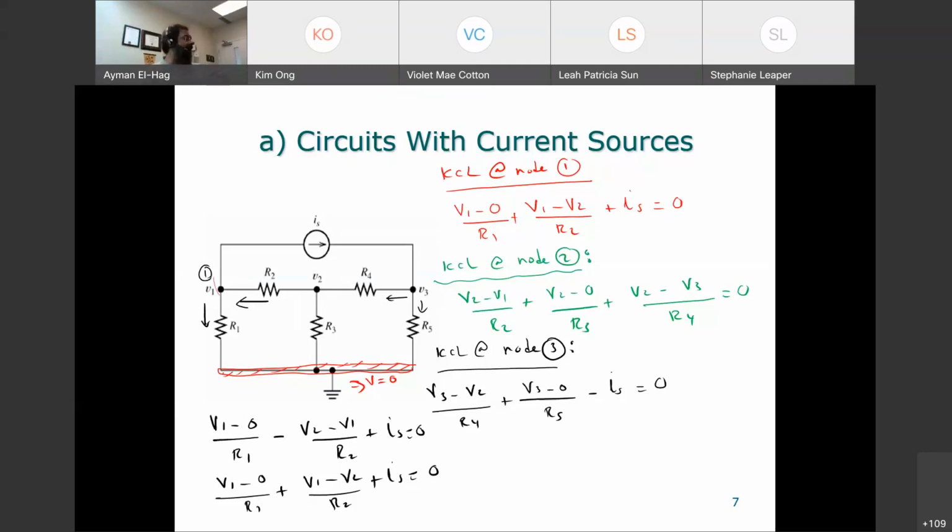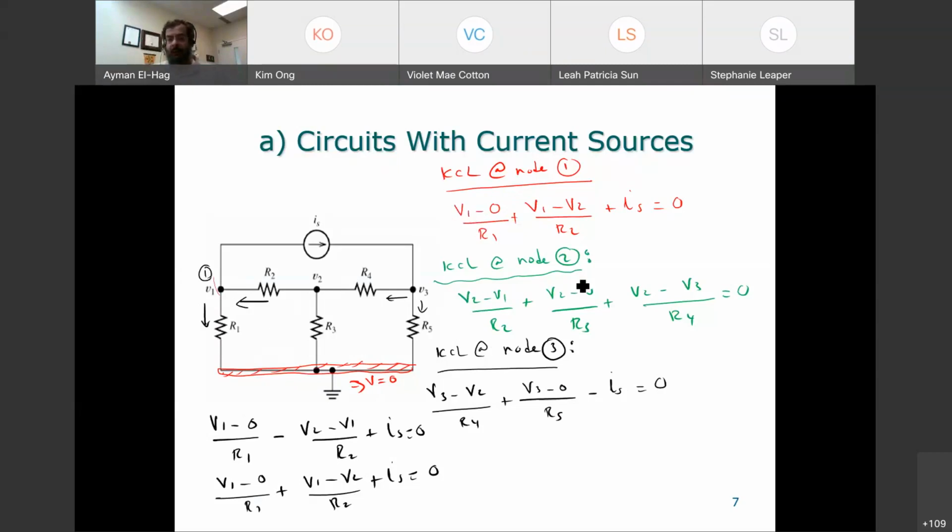And this is why I said, okay, I'm assuming everything is leaving, because it's easier. If I assume something enters, something leaves, what will happen here? As you can see here, this current leaves, it's positive. This current enters, has to be negative. But here it is much easier. And then you notice another advantage: when you assume all the currents are leaving, you have every equation in KCL with voltage differences, starting with V1 minus, V1 minus.